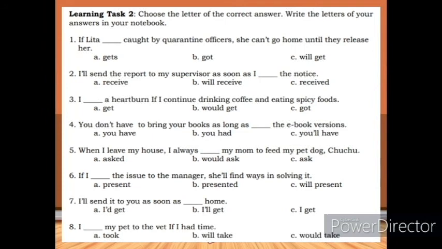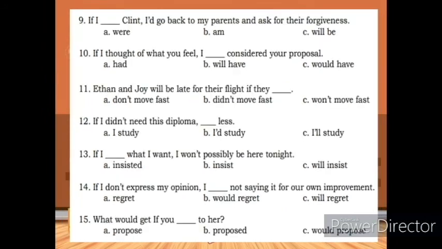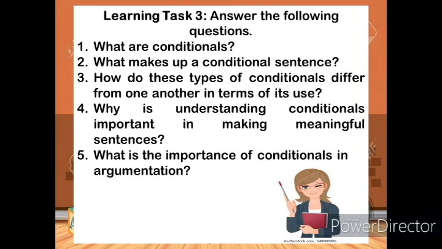Now, for our learning task number 2, you're going to choose the letter of the correct answer. Next, for our learning task number 3, you are going to answer the following questions. Number 1, what are conditionals? Number 2, what makes up a conditional sentence?